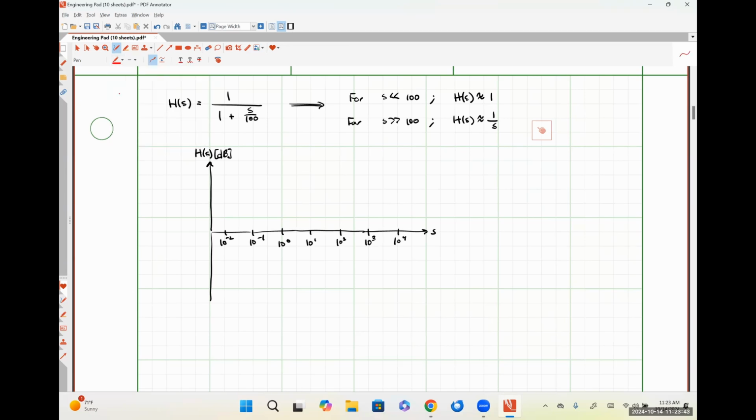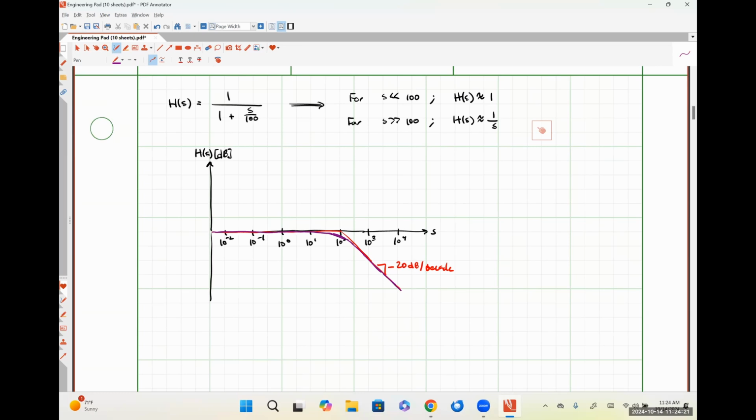What we should expect to see is it's flat until we hit 10 to the 2, and then it rolls off at a slope of negative 20 dB per decade everywhere beyond that. And then our smoothed out graph would be something like that, right?